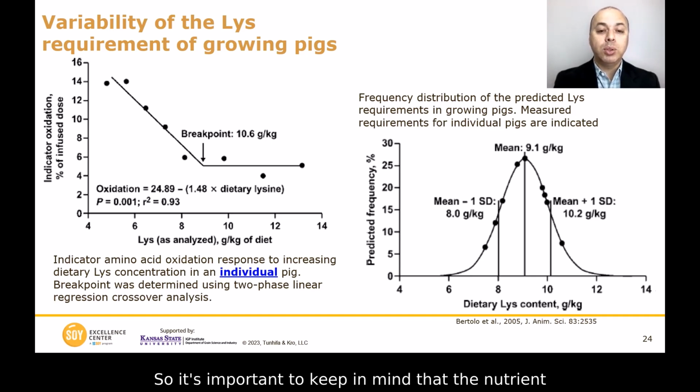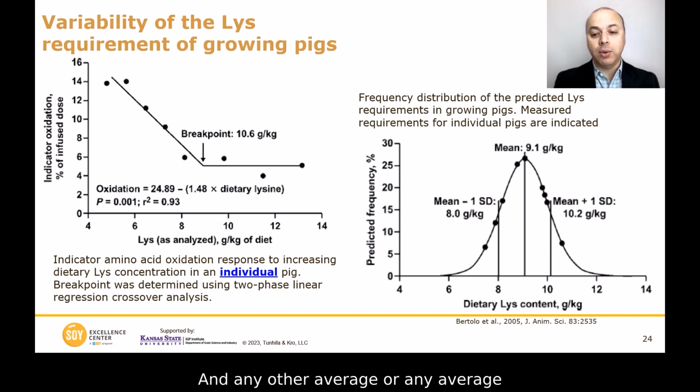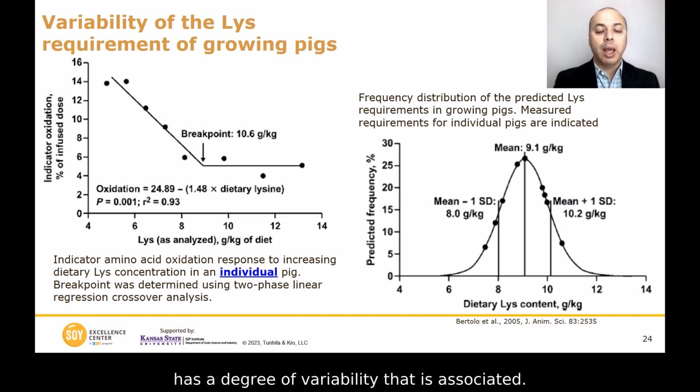So it's important to keep in mind that nutrient requirements are averages, and any average has a degree of variability associated. And if we remember the central limit theorem or the bell-shaped curve, let's remember that plus or minus 1 standard deviation away from the mean covers about 68% of the data.